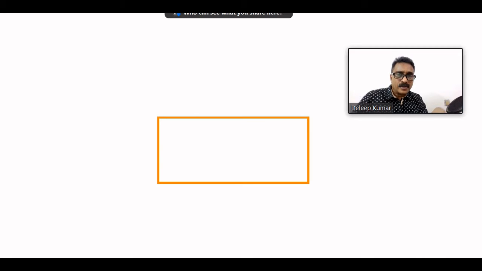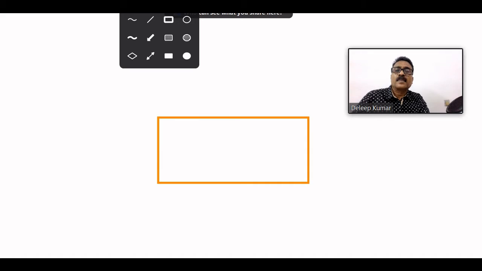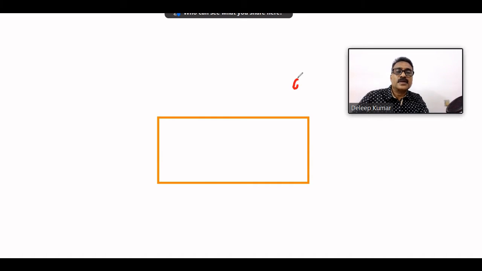So when a light ray falls from air onto this glass, which medium is air? Here this medium is air, this medium is glass, and down here this is air again. When a light ray travels from air to glass, as we discussed earlier, this ray will bend towards the normal.